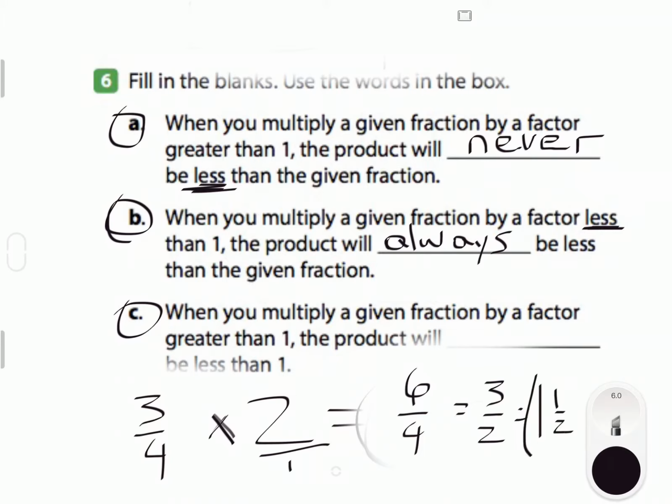And in this case, our answer is greater than 1. So it depends on the size of your original fraction. So to answer this one, you would use the third option, sometimes, because it depends on the original size of that fraction.